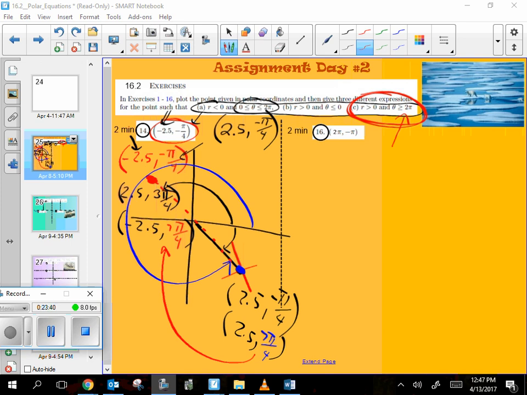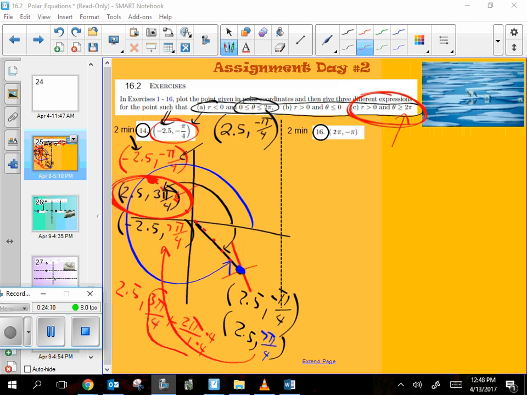Okay, so that's like this kind, except we're supposed to add 2 pi to this. I got to add 2 pi, hold on. 2.5 comma 3 pi over 4 plus 2 pi, also known as 2 pi over 1, also known as 8 pi over 4.